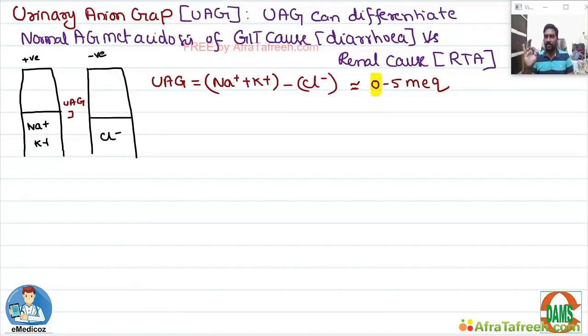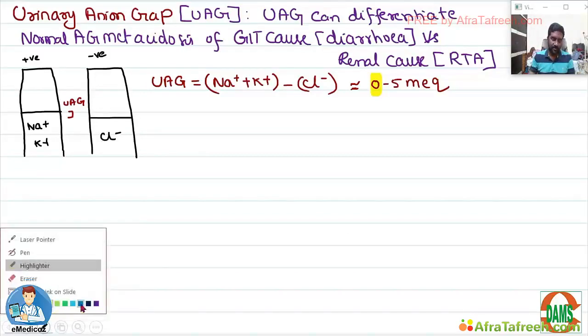So if urine anion gap is increasing, more than 0, it is called urinary anion gap positive. If urine anion gap is decreasing, anything less than 0 is a negative value. So an increase in urine anion gap is called urine anion gap positive, and a decrease is called urine anion gap negative.